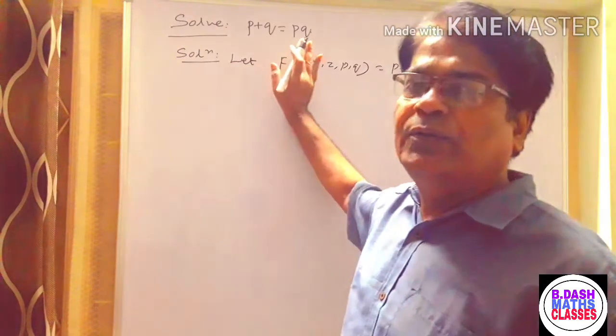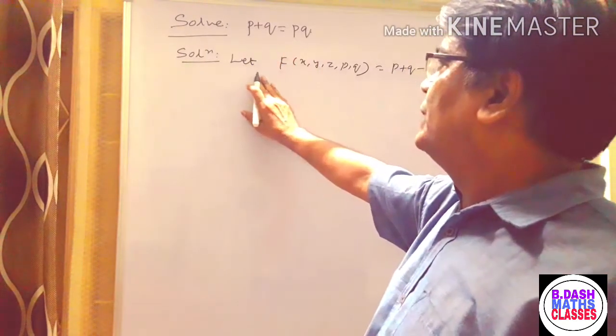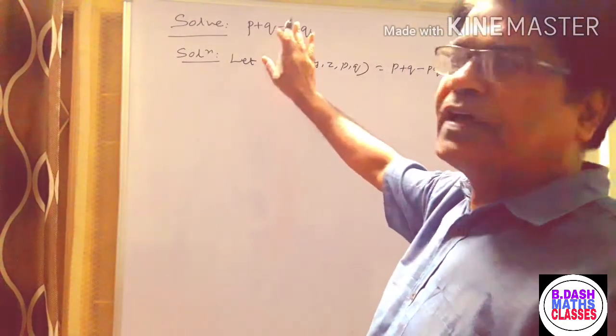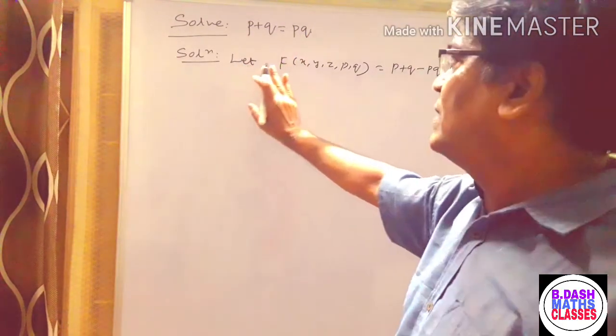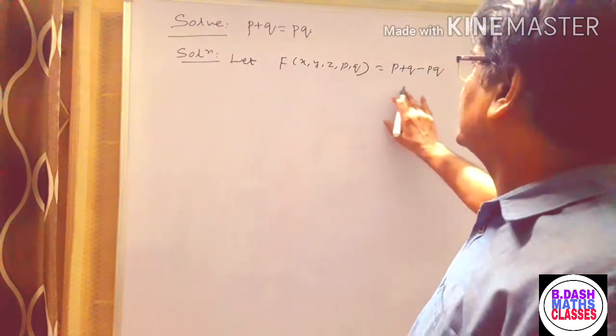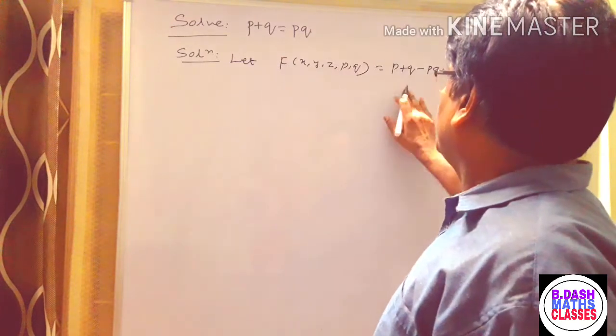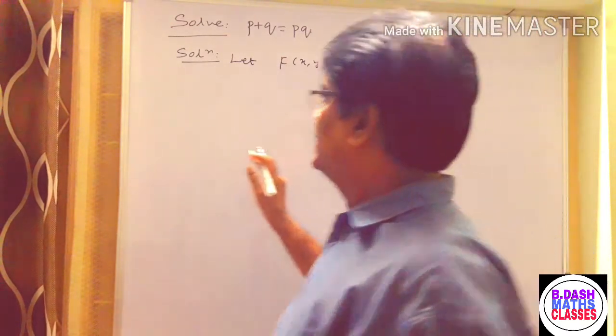The next problem is p plus q is equal to pq. Here the equation contains only p and q, so it is in standard form 1. Let f of x, y, z, p, q is equal to p plus q minus pq.